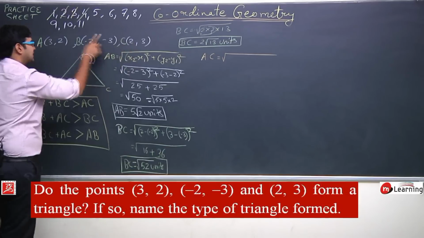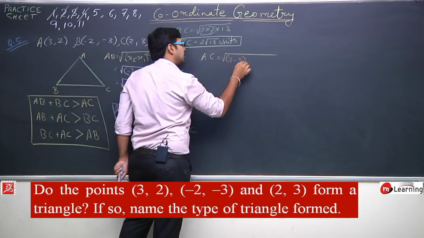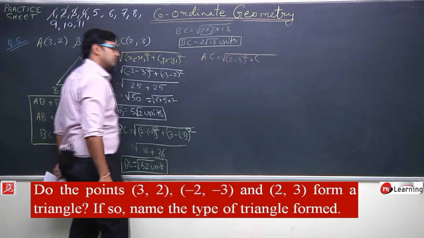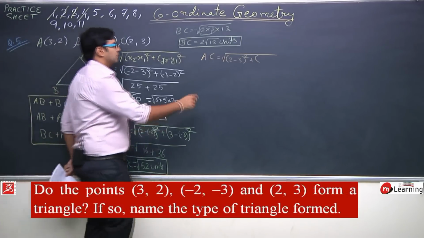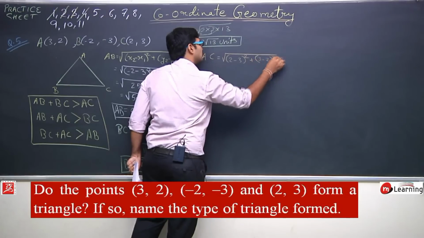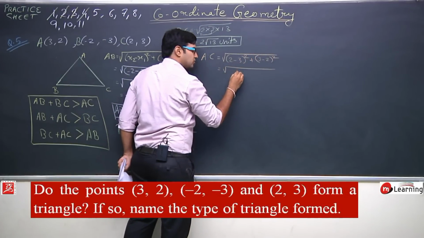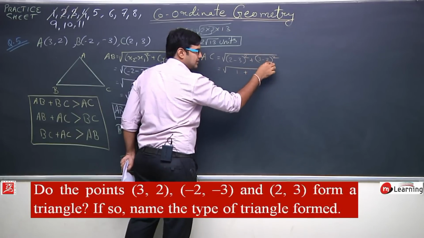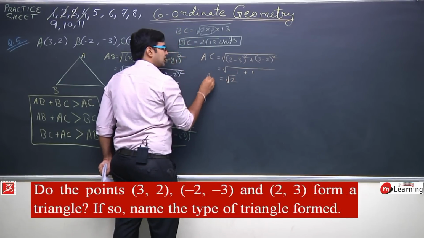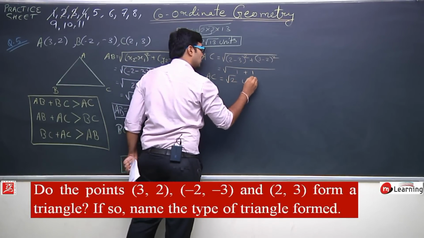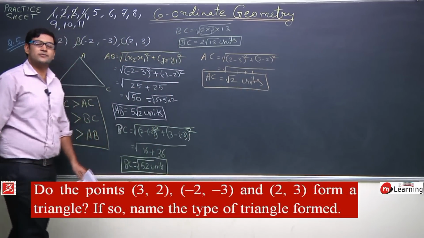So x2 minus x1 whole square, this will be 2 minus 3 whole square plus y2 minus y1 whole square, it will be 3 minus 2 whole square. Now 2 minus 3 whole square is 1, and 3 minus 2 whole square is 1. So it will become root 2. So the length of AC is root 2 units.